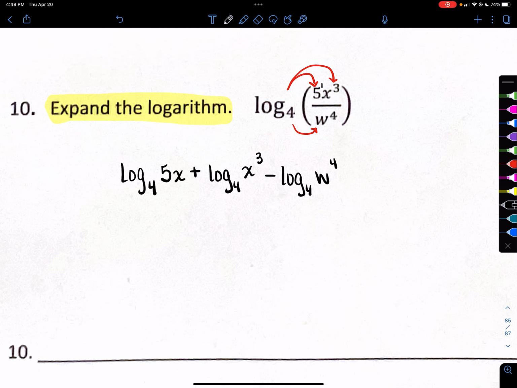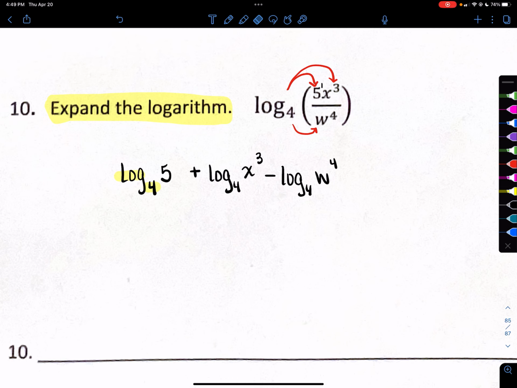All right, now on each of these, I need to have the log, the base, and the argument. So I've got log, base, argument. Oh, I totally messed that up. Let me back up there. I'm not even sure why I put 5 to the x there. That should have just been 5 to the first. So it should be log base 4 of 5, not x.